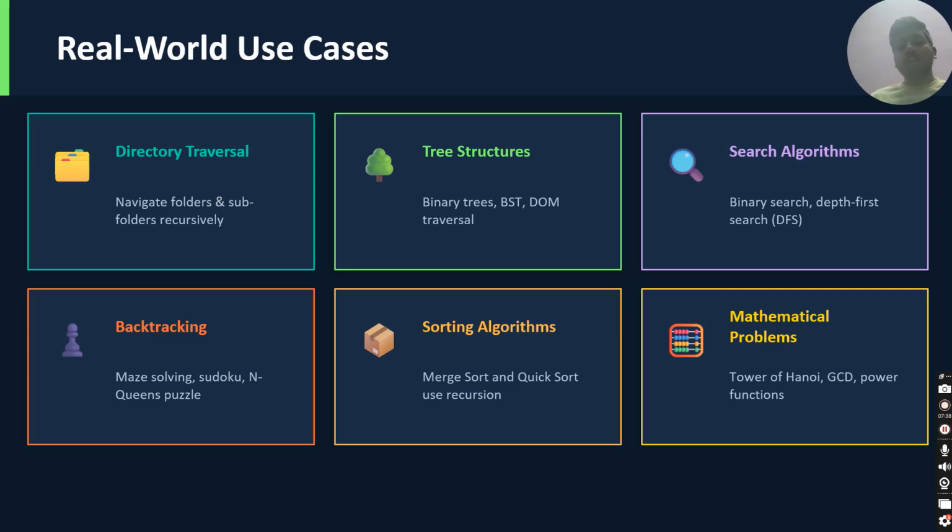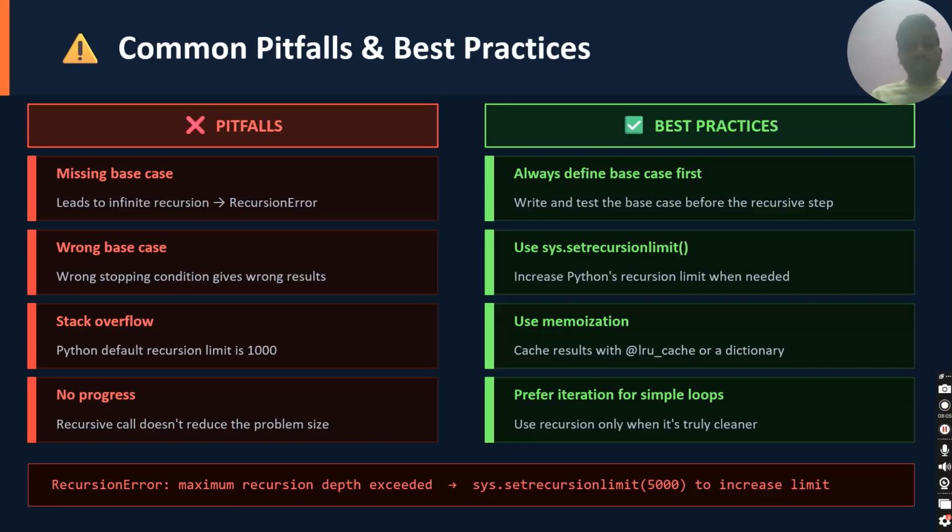In search algorithms like binary search and depth first search, it is very helpful. It is also useful in maze solving, Sudoku, and N-Queens puzzle. Sorting algorithms like merge sort and quick sort use recursion heavily, and so do some mathematical problems frequently observed in coding platform questions, like Towers of Hanoi, GCD, and power functions.